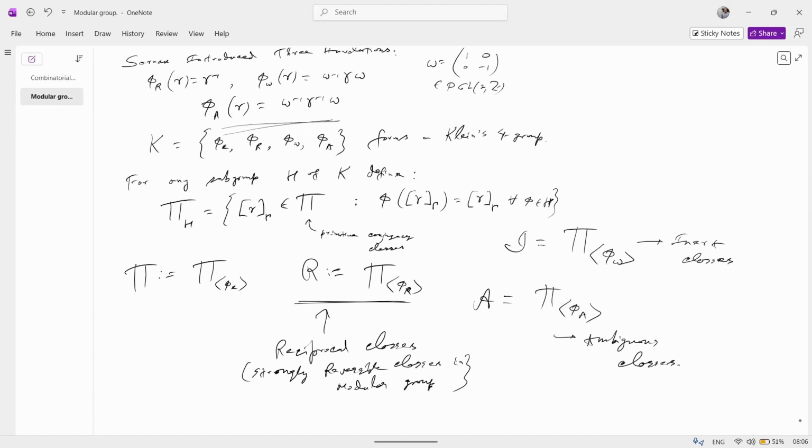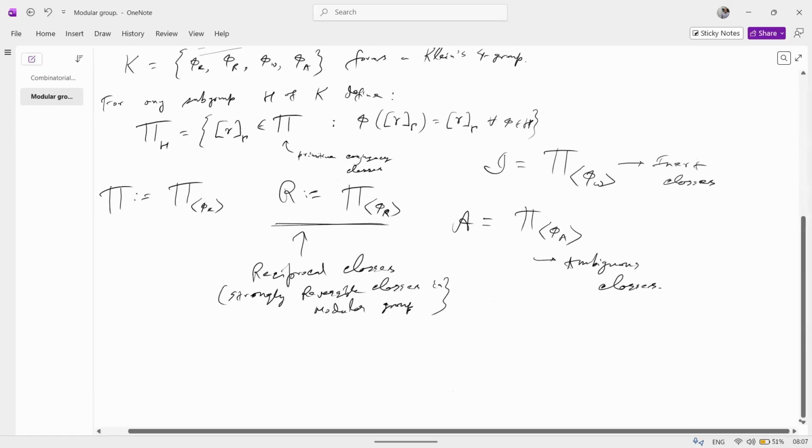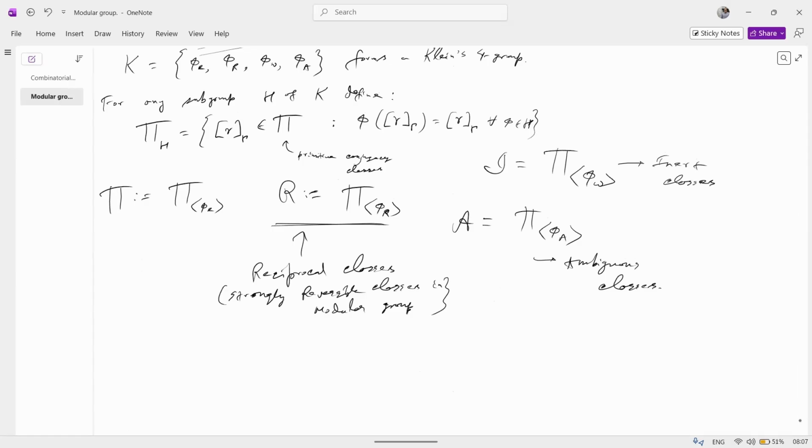And what Sarnak did, he took the primitive reciprocal geodesic on the modular surface, and then he counted these different classes and obtained an asymptotic count of all these classes using the trace or the length of the geodesic as the parameter. All right.